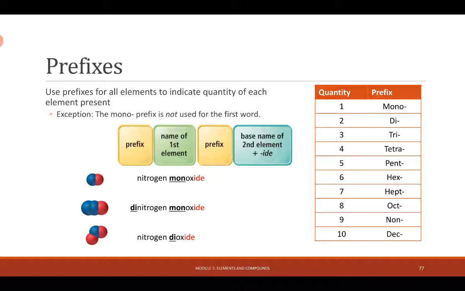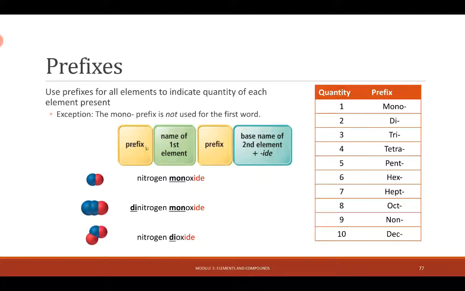All right, since we can have the same elements forming multiple different compounds, we're going to need to use prefixes to indicate how many of each element is present. These are the same type of prefixes that were used to indicate the number of water molecules when we were naming our hydrates. So same set of prefixes.